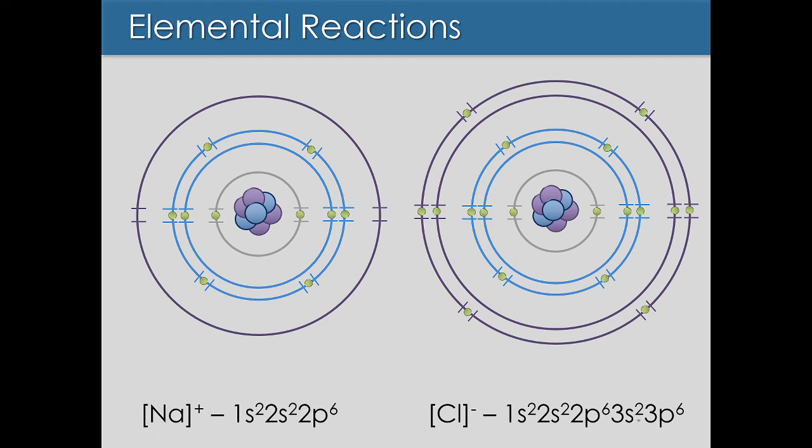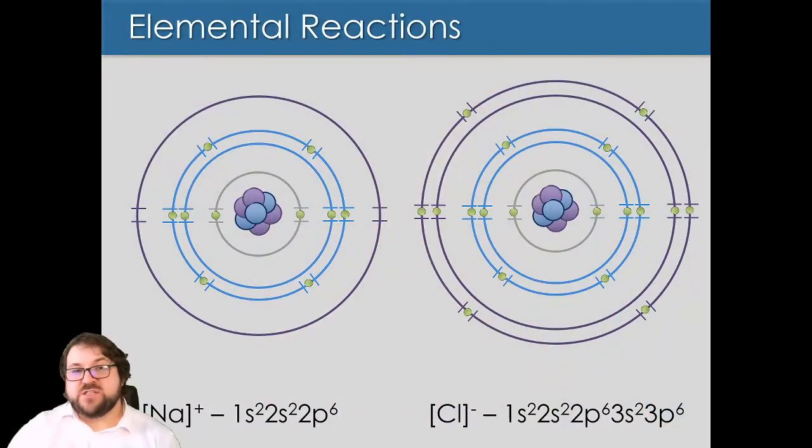The chlorine has gained an electron, so now it has one more electron than it has protons, which means that it's negatively charged. So if it's negatively charged, that means that we must therefore have one extra electron in the outermost orbital. And again, 1s2, 2s2, 2p6, 3s2, 3p6, that's also a full shell.